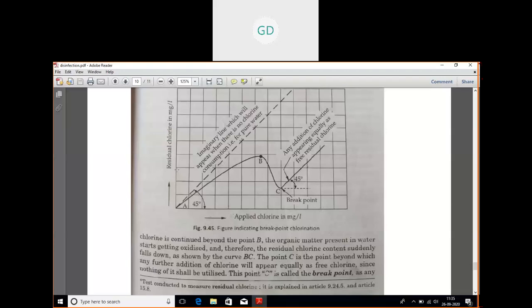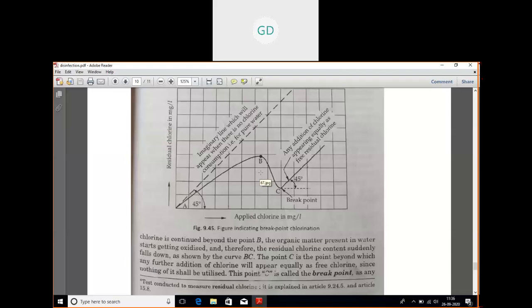So from A to B, you are adding chlorine, and the residual chlorine is also going on increasing as you add chlorine. But at a certain point B, if you continue giving chlorine to the water, there is organic matter present in the water, that means the bacteria.